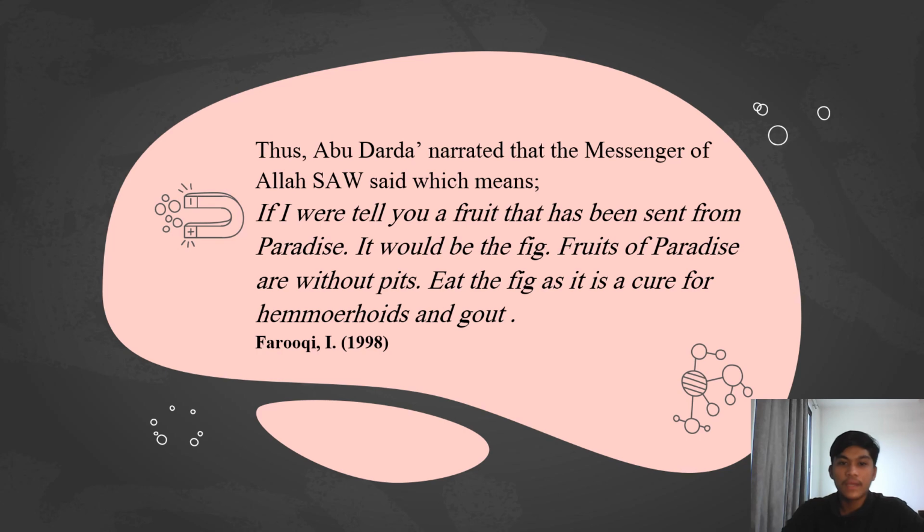In addition, Abu Darda narrated that the Messenger of Allah said, which means, if I were to tell you of a fruit that has been sent from paradise, it would be the fig. Fruits of paradise are without pits. Eat the fig as it is a cure for hemorrhoids and gout.